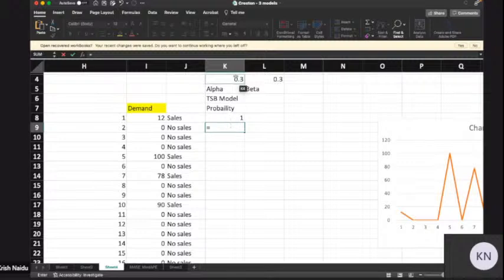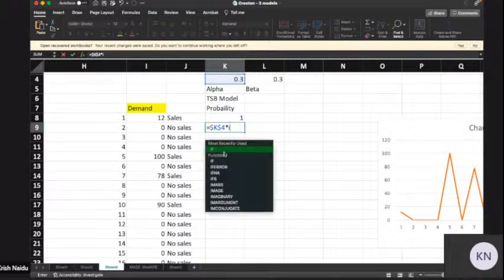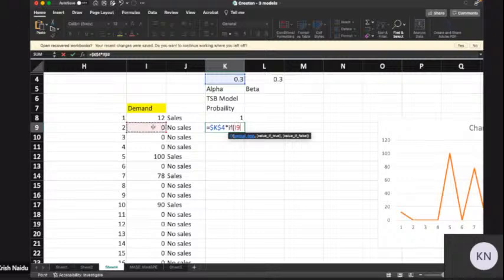So I'm going to take alpha from here and freeze it. If the demand is equal to 0, then my value is 0, or else it is equal to 1, plus 1 minus alpha, that is 1 minus 0.3, which I freeze into the previous probability.